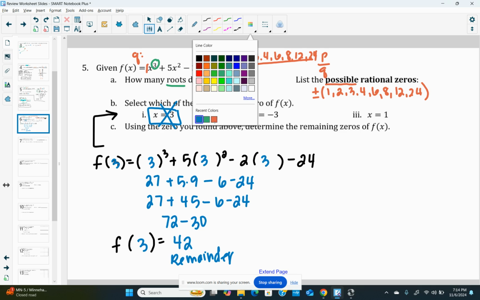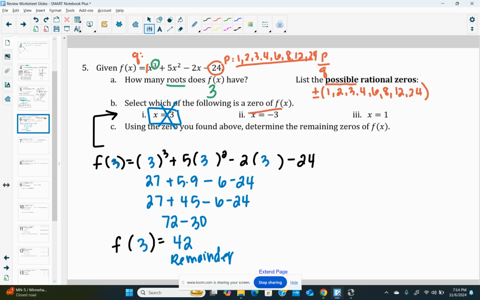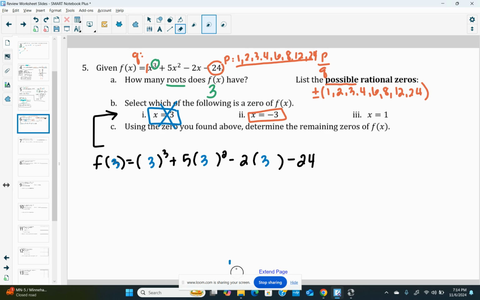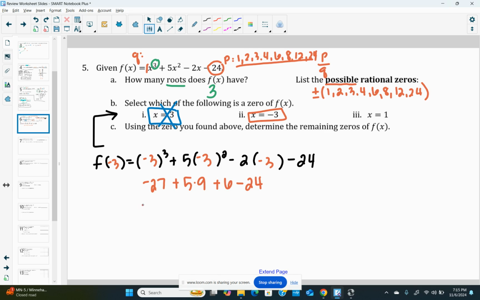Then for the next one, we'll do the same thing. So we're going to plug in negative 3 now. Okay, so I'm just going to erase this and plug it in here. So negative 3 cubed is negative 27. And then we have plus 5 times negative 3 squared, which is positive 45. Negative 2 times negative 3 is positive 6. And then we have that minus 24.